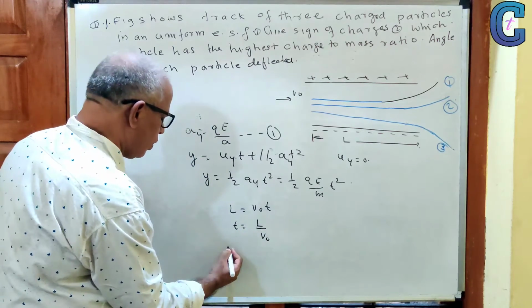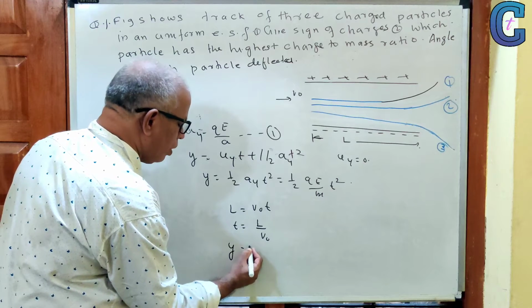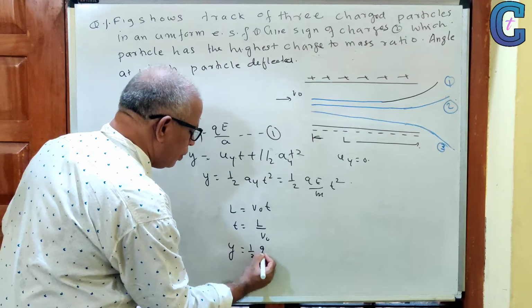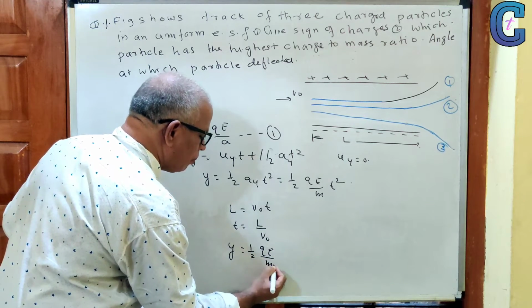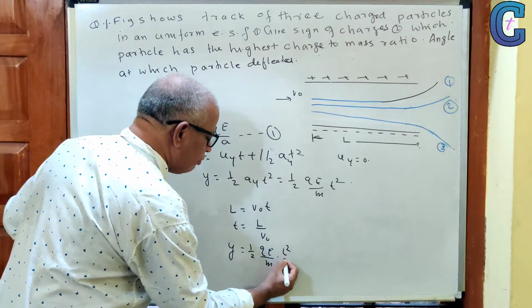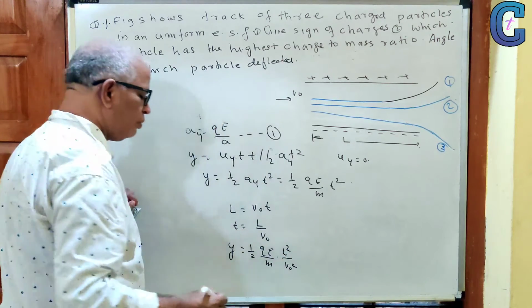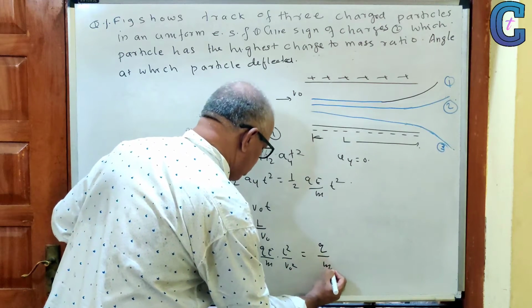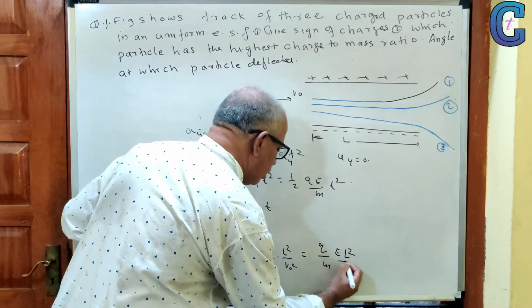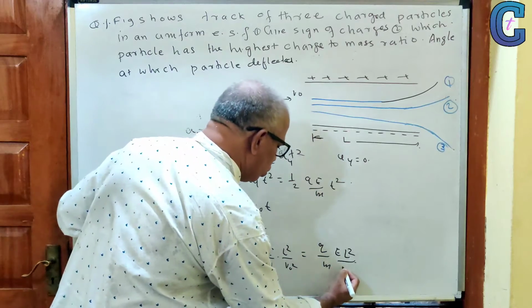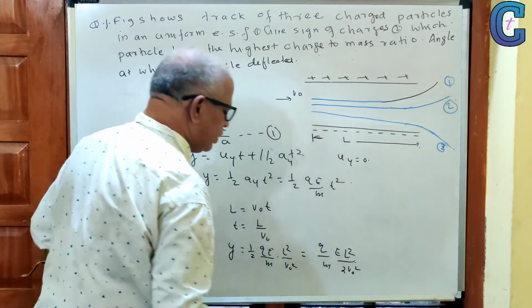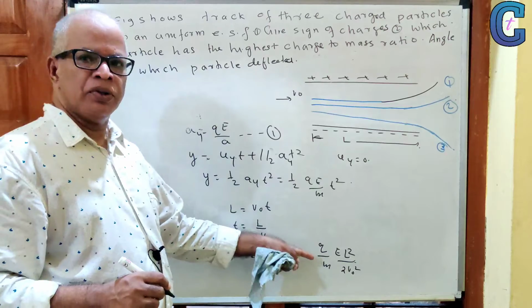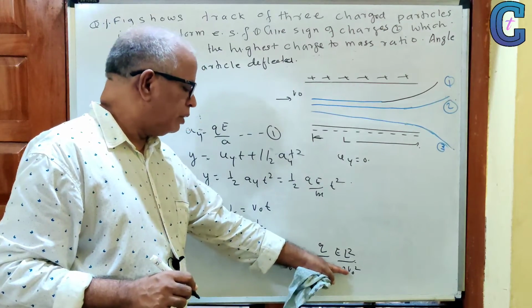So we have y is equal to half into QE by M into L square by v0 square. This is the equation for y. I'll write it separately: Q by M into EL square by 2 v0 square. Here you see, the given electric field is constant, L is constant, the given velocity is constant.